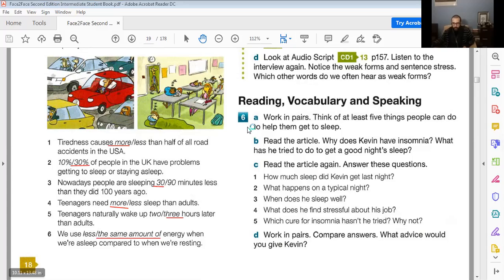Okay, so here we are. Audio, here it is. Track 13. Okay, let me share the sound. Oh, come on.